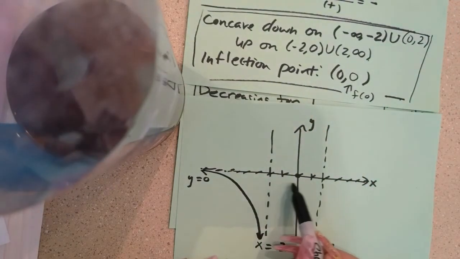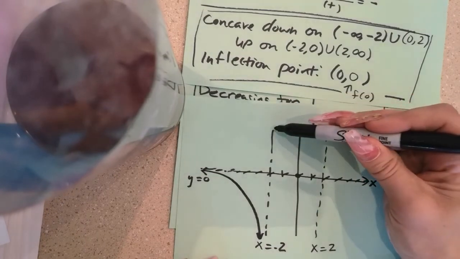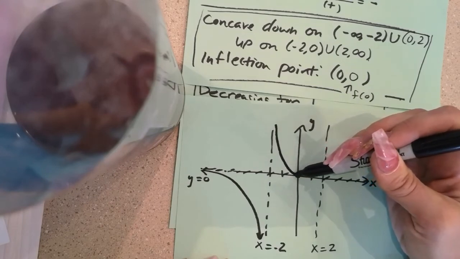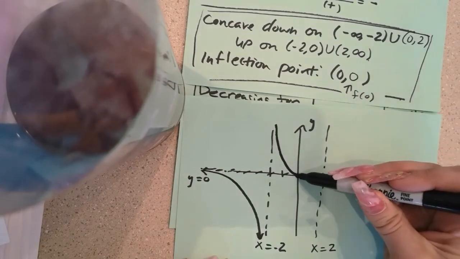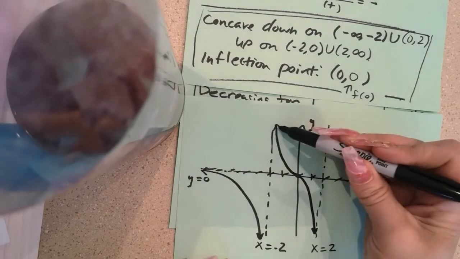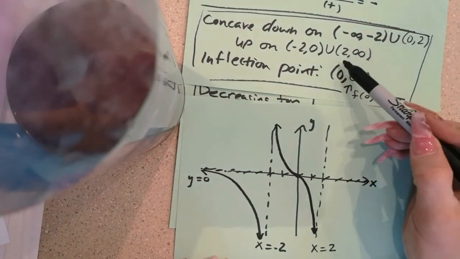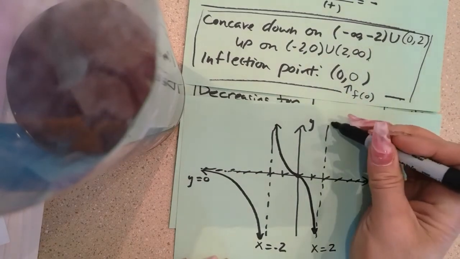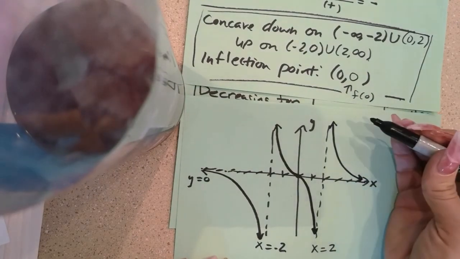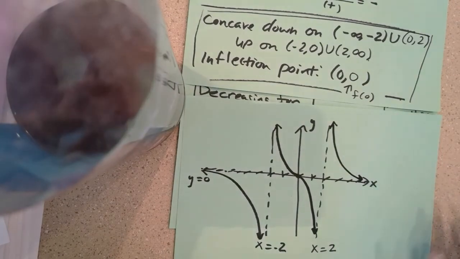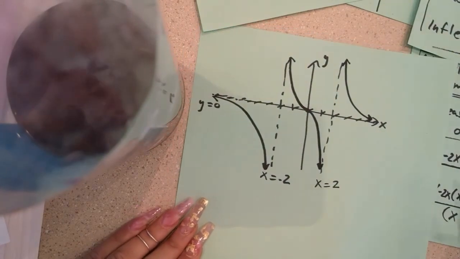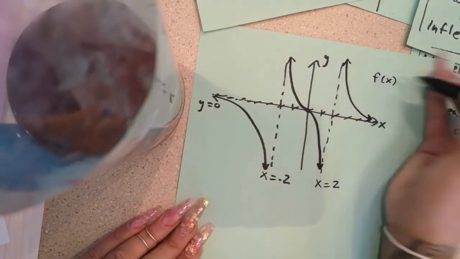So that's the region I'm looking at now, in between -2 and 0. It's always decreasing, concave up. So it's going to have to be something like this. 0, 0 is the inflection point. So this is where it changes to concave down. Something like that. Okay, and then concave up again on 2 to infinity stays decreasing. So something like that. Looks like a nice final graph of f of x.